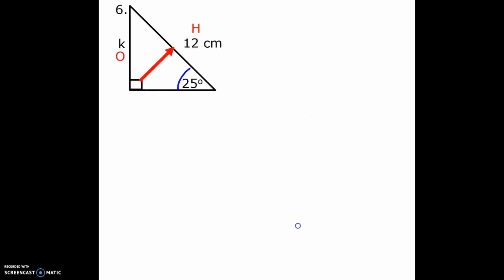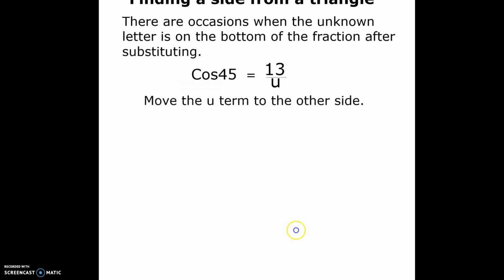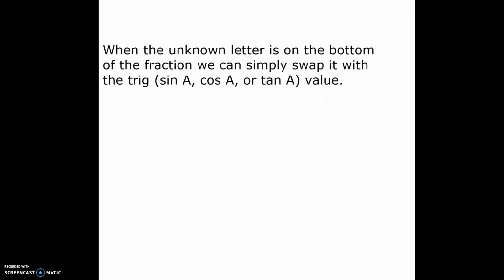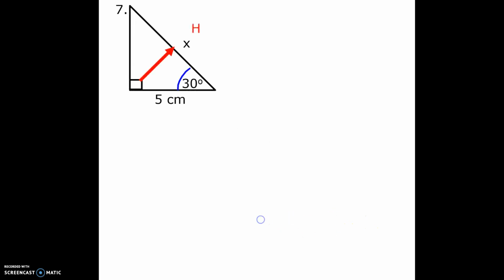I want to look at when my variable is on the bottom, when it's down low. When it's up high, we multiply. Notice when it's down low, again we want to relate, so we'll set it up. Cosine 30, we have adjacent over hypotenuse, so that's why we use cosine, 5 over x. And we can multiply both sides by x to get rid of the x in the denominator.